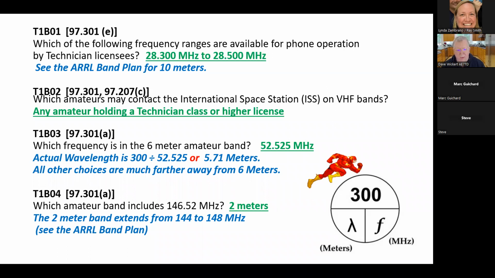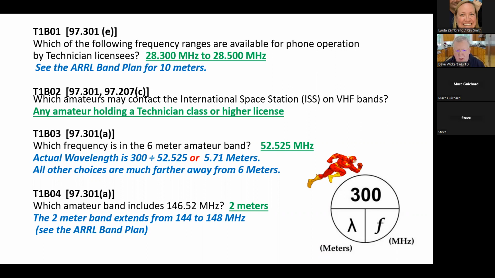So if you're looking for what's in the 6 meter band, you put your thumb over the wavelength, which is the lambda symbol. That's the wavelength in meters, in 6 meters. So 300 divided by 6 is somewhere around 50 megahertz.